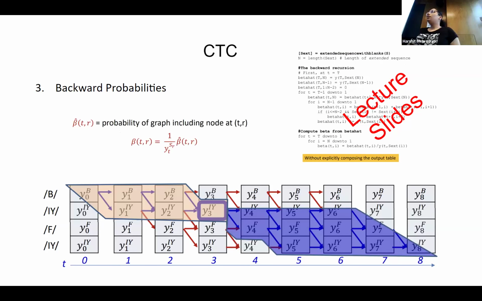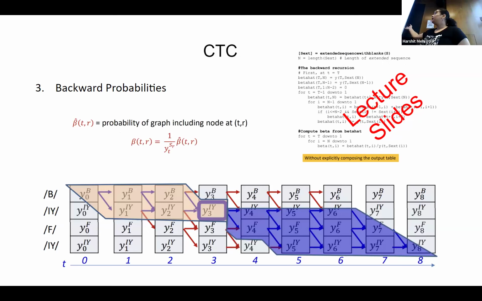Now, the next thing to compute the posterior probability is called backward probability, which is: now I know how to reach, say, IY at time step 3 from the start, but how do I reach the end, which is IY, from my current position? That's the probability that backward probability computes. So all the paths that I need to take to move from one particular time step to the end of decode.